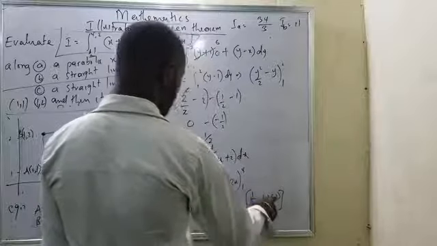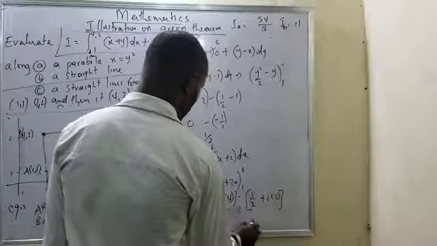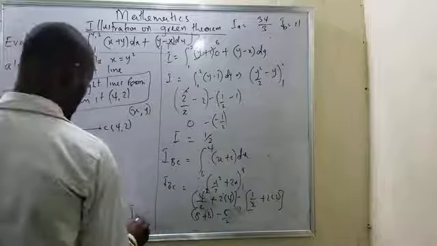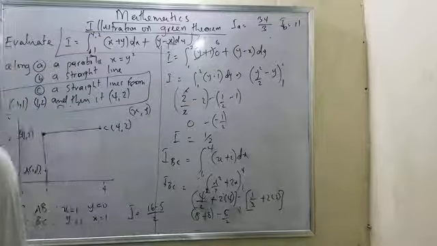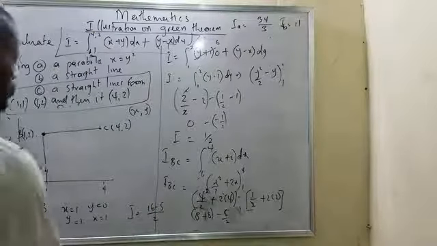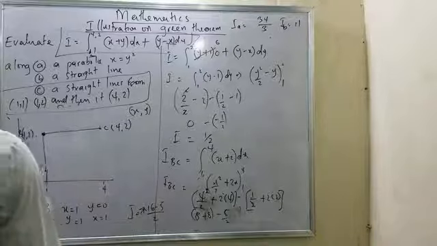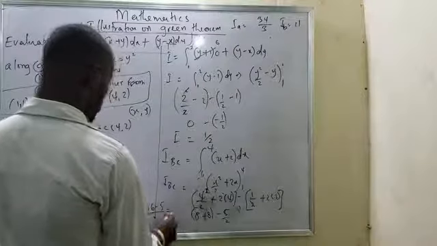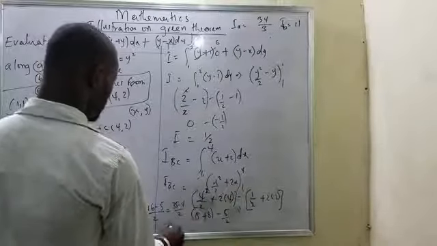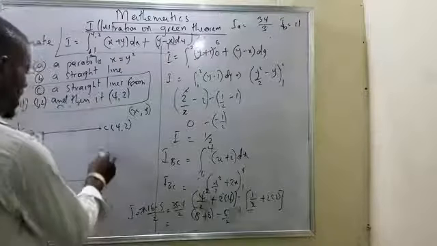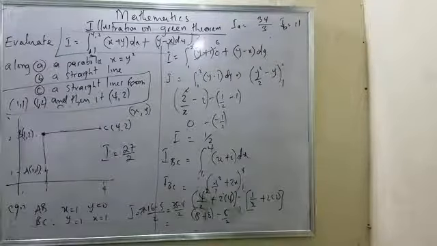It means my I equals 16 minus 5 all over 2. 16 times 2 is 32, minus 5 all over 2. 32 minus 5, which is going to be my I equals 27 all over 2.